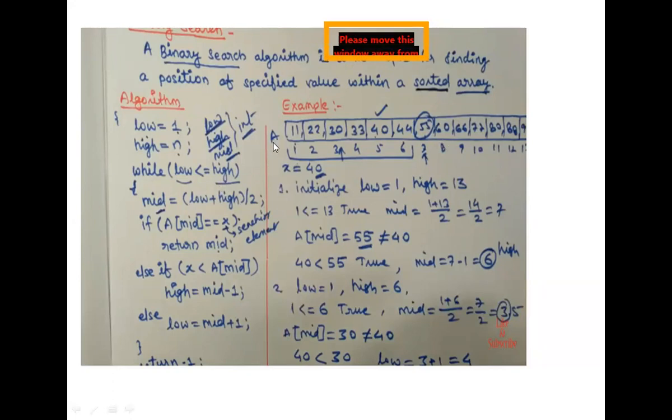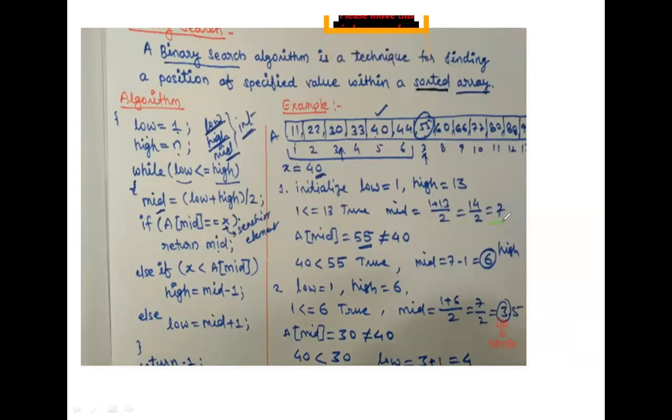For example, here total array elements are 13. Taking index from 1, low is 1 and high is 13. So (1 + 13) by 2 is 14 by 2, which is 7.